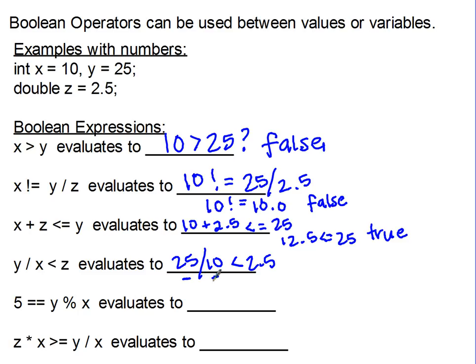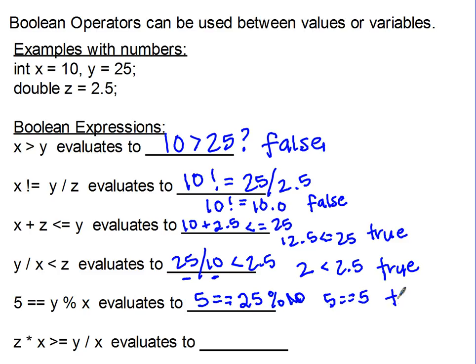Remember that I have an int and an int, so that's only going to result in 2 less than 2.5, and the answer to that is true. Then I have 5 equal to y mod x, which is 10. So is 5 equal to 5? And the answer to that one would also be true.